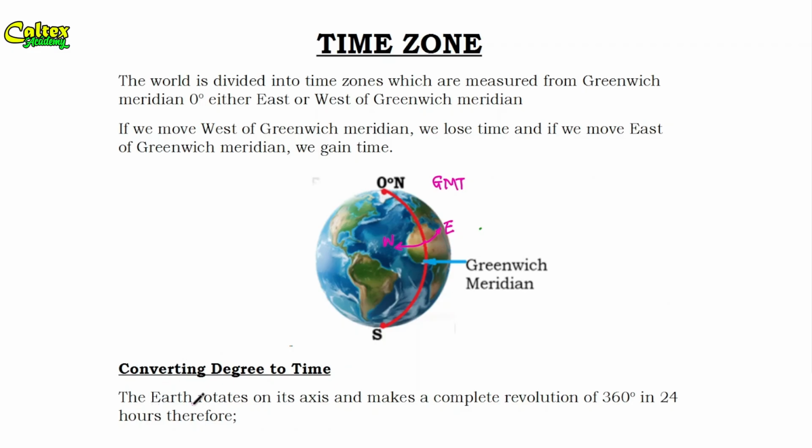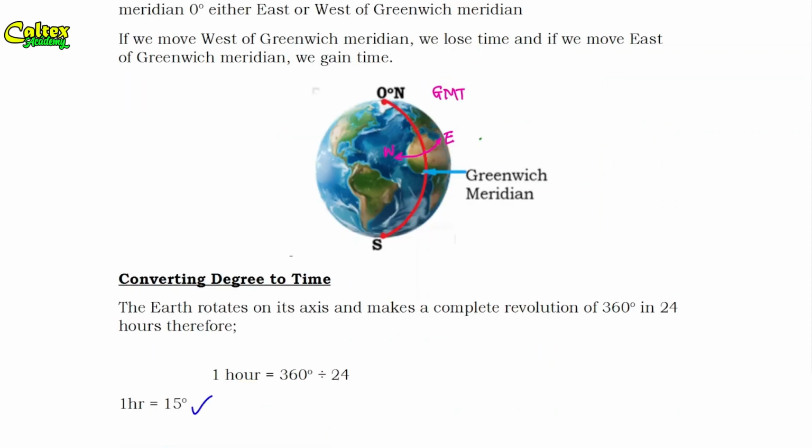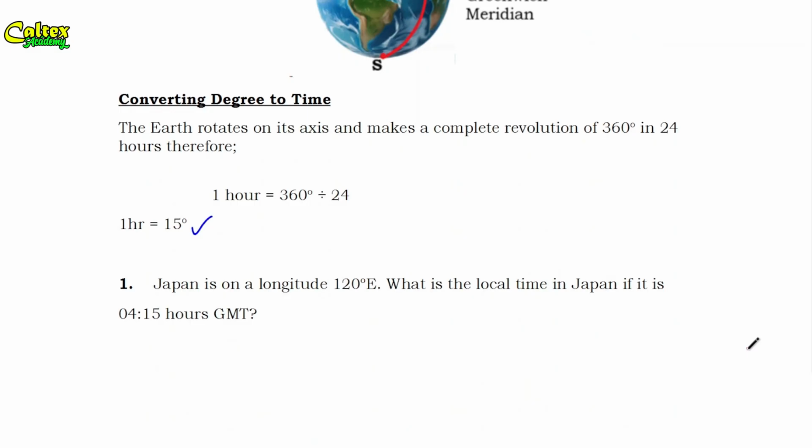So the Earth rotates on its axis and makes a complete revolution of 360 degrees in 24 hours. Therefore, we need to get how many degrees there are in 1 hour. So if you divide 360 degrees by 24, you realize that 1 hour is equivalent to 15 degrees.